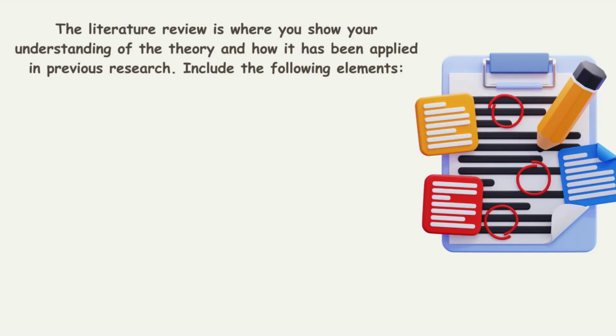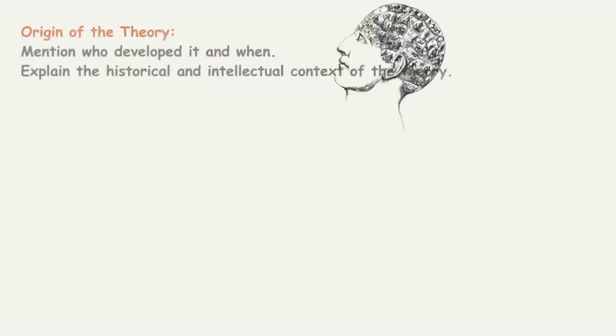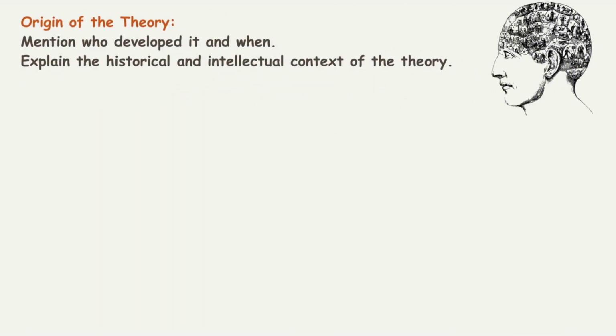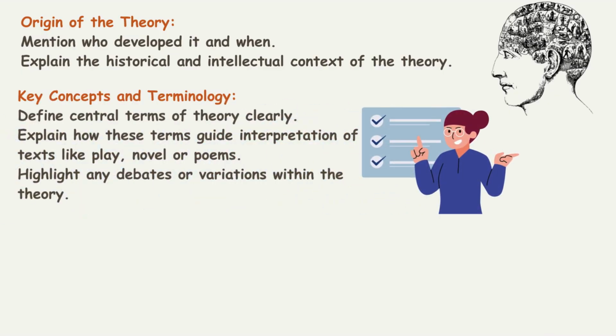Step 4. Explain the theory in the literature review. The literature review is where you show your understanding of the theory and how it has been applied in previous research. Include the following elements. Origin of the theory: mention who developed it and when, and explain the historical and intellectual context of the theory. Key concepts and terminology: define central terms of the theory clearly, and explain how these terms guide interpretation of texts like plays, novels or poems.